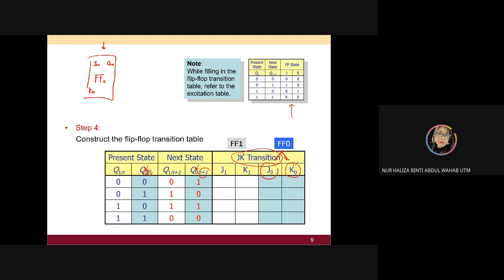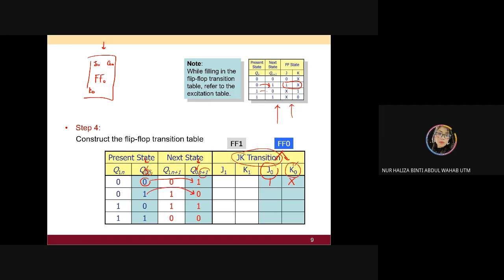Okay, now we have present is 0. It's moved to next step is 1. Referring your excitation table here from 0 to 1, what is the value? You have 1x. Next, you have the still flip-flop 0. I refer to flip-flop 0 first. Next, I have here from 1 to 0.